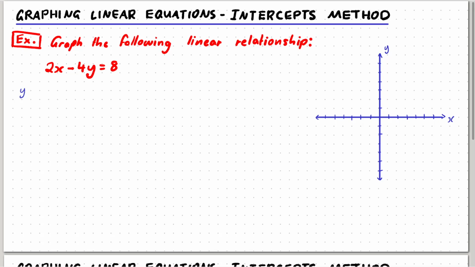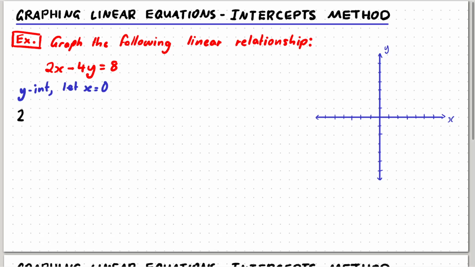So for the y-intercept, let x equal 0. I'm going to substitute x equals 0 wherever x is in the equation.